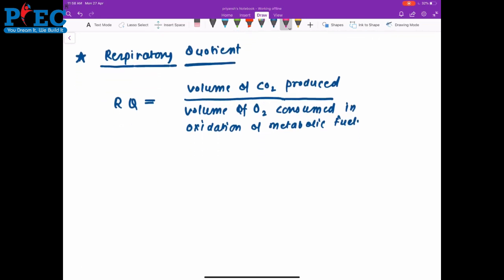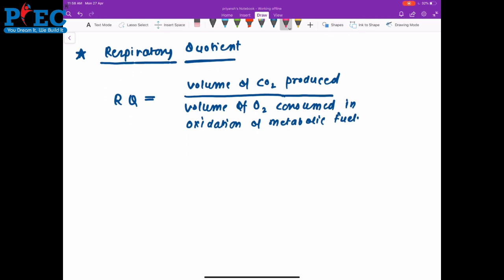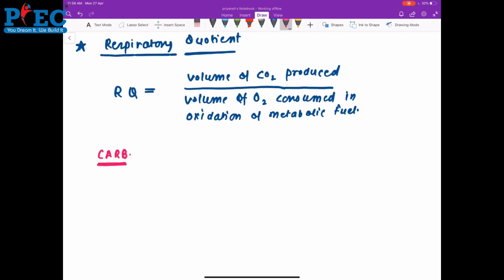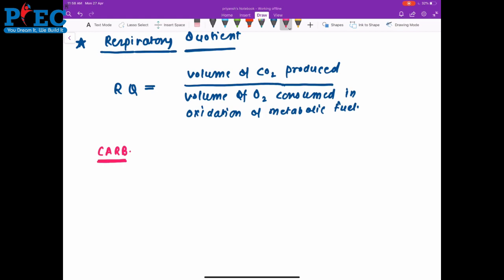Oxidation of metabolic fuel. So what is the meaning of that? I will take an example so that it will make more sense. For example, let's say carbohydrate. If you take 1 gram of carbohydrate and you want to do oxidation, meaning you want to burn this metabolic fuel to generate energy, what you require is oxygen.